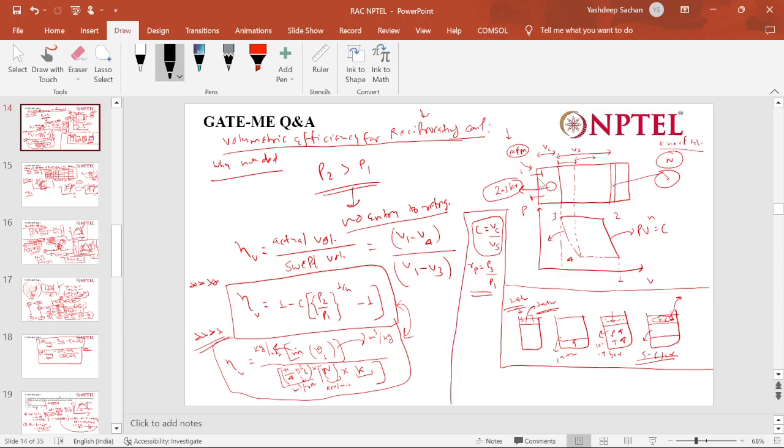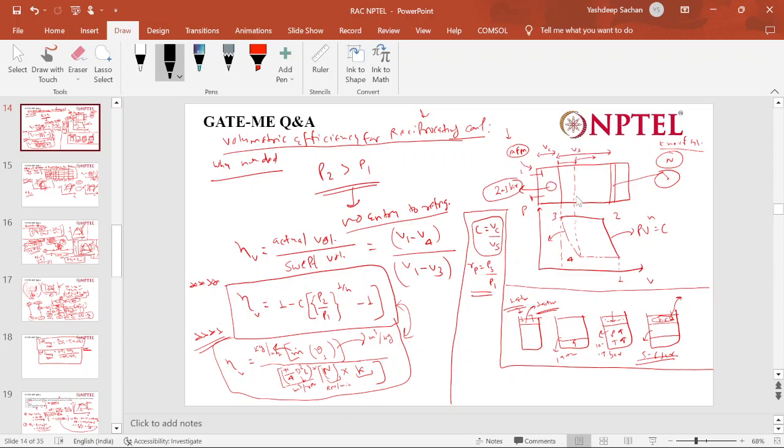So suction would not happen until the internal pressure is less than the suction pressure. Initially it is more inside and less outside, so it is not possible for a new charge to come in. It keeps on decreasing as the piston goes through its length. When this pressure decreases, suction starts and then the charge starts coming.